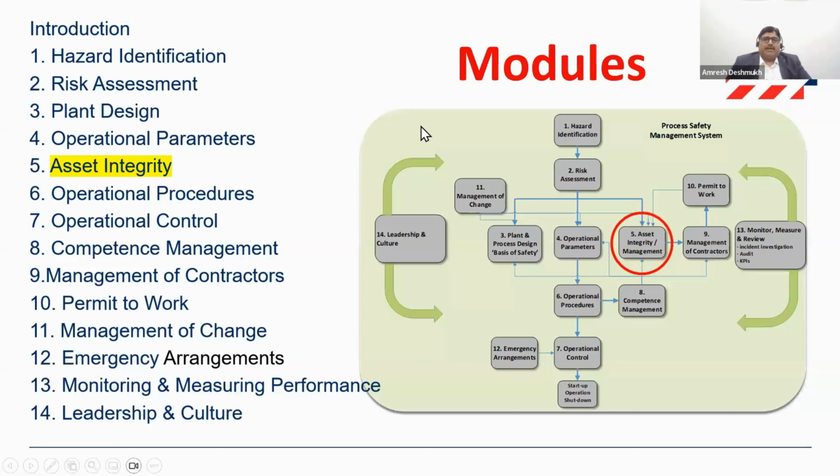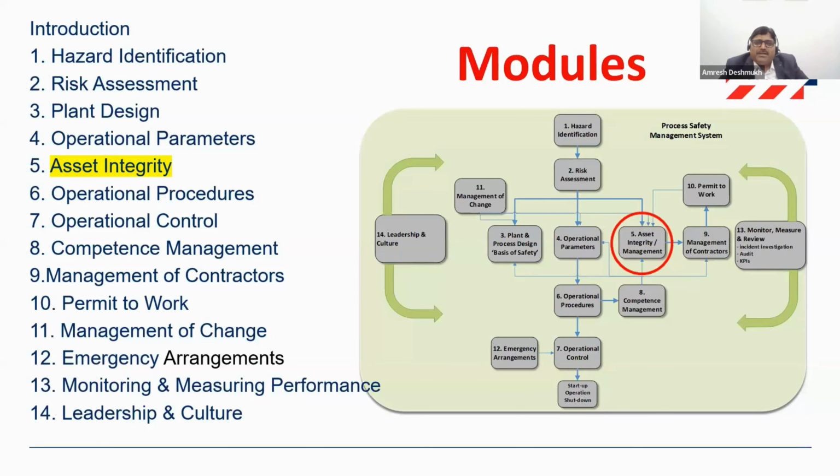So moving forward, as you can see, our framework comprises 14 elements, and currently we are talking about the fifth module, that is asset integrity management. As you can see, it's the outcome of the hazard identification and risk assessment exercise that we do, and it sits along with plant and process design, operational parameters, and obviously the asset integrity management program that you have.